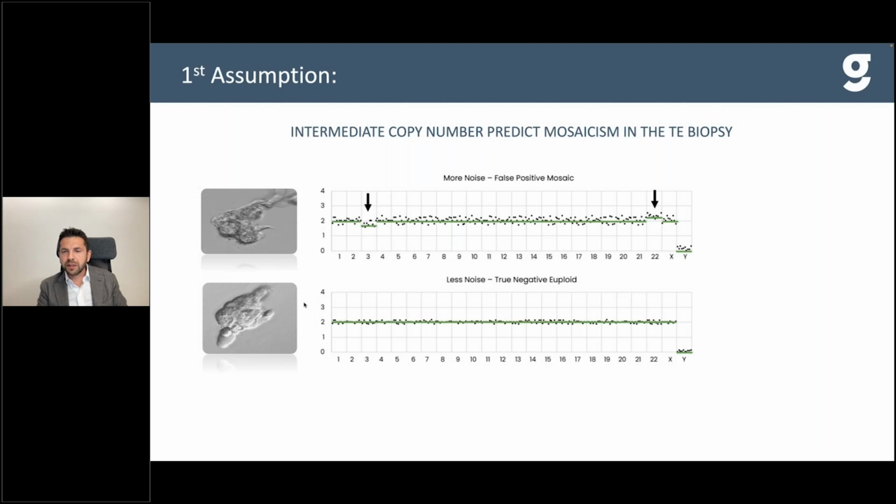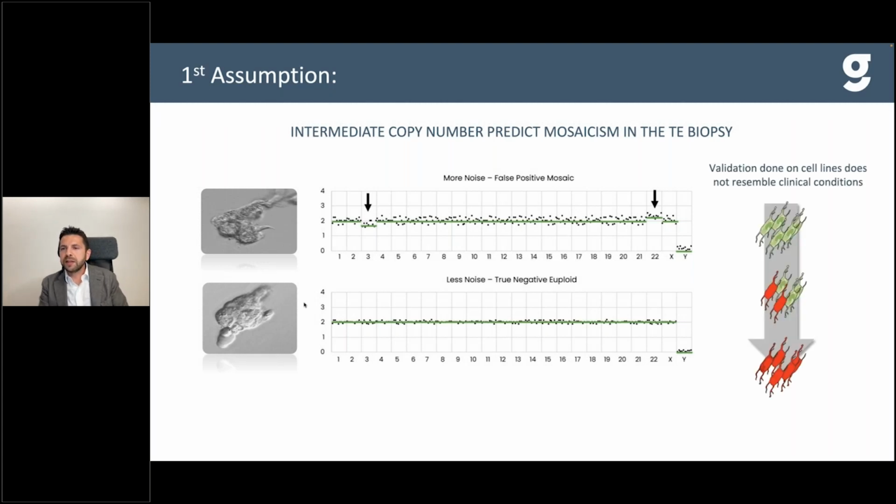And this may happen in the clinic because we are exposed to a high variability of conditions. We know that biopsies can change in site, may have different cellularity, may have different quality. We also change reagents over time in our laboratories, and these may have different performances. All of this needs to be accounted for when we try to develop algorithms and classification criteria for aneuploidies.